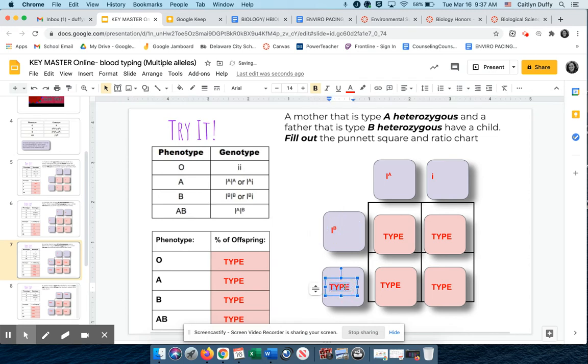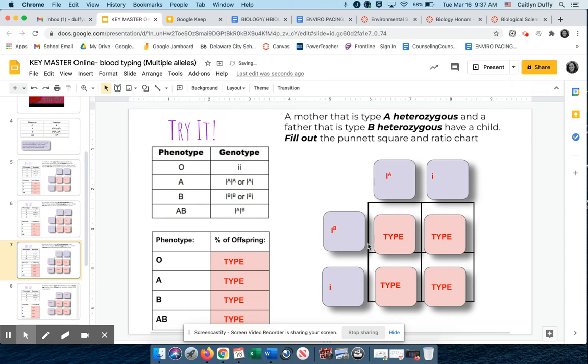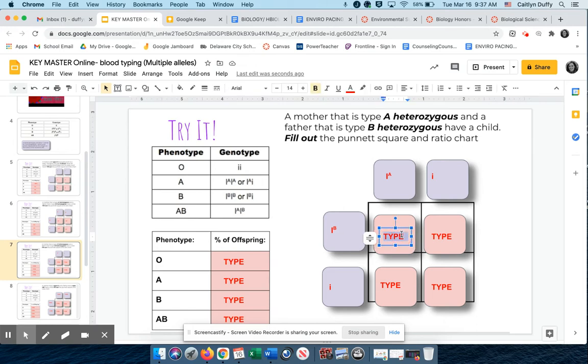Now we're going to see some differences among these children. So in this one, we could get big A from mom, big B from dad, forgive me. All right, so that offspring would be AB. Now let's fill out this one. We would get a B from dad and a little i from mom.